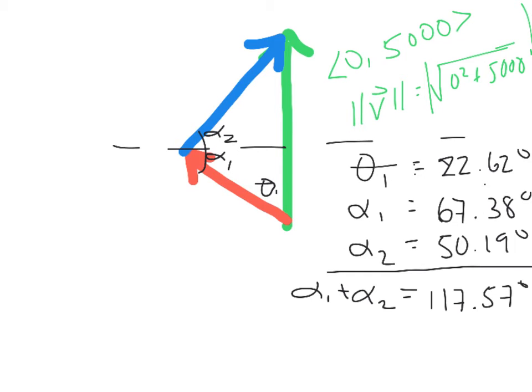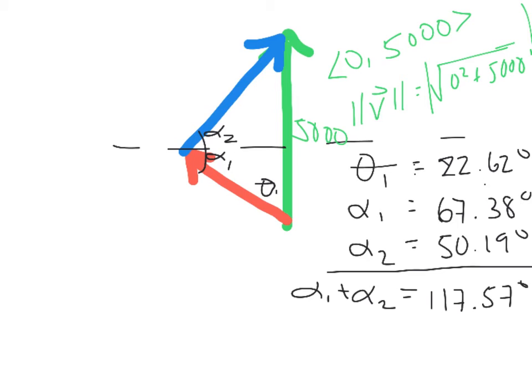So the length of this green vector is 5,000. Now I have one side and two angles in this triangle. I can use the law of sines to solve for the blue side and for the red side now.